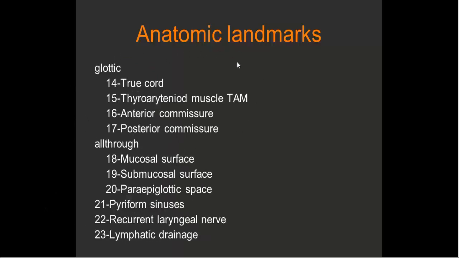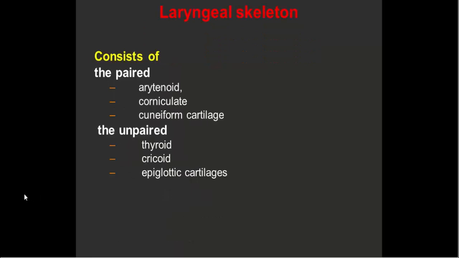The glottic area contains the true cord, thyroarytenoid membrane, anterior commissure, posterior commissure. Throughout the larynx, whether supraglottic, glottic, or infraglottic, we find the mucosal surface, submucosal surface, and paraepiglottic space. Also, don't forget the piriform sinus, recurrent laryngeal nerve, and lymphatic drainage.